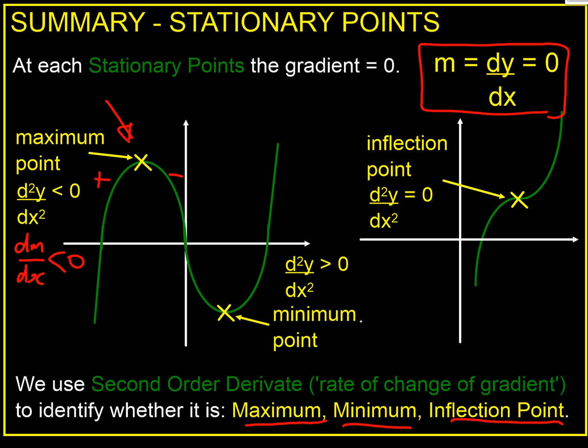For a minimum point, the rate of change of the gradient is going to be greater than 0 because we're going from minus to plus. And at an inflection point, the rate of change is going to be equal to 0, because at that point it's going absolutely flat. The gradient is going from plus to plus. So we end up going back to where we started. Okay, hope that's of use.